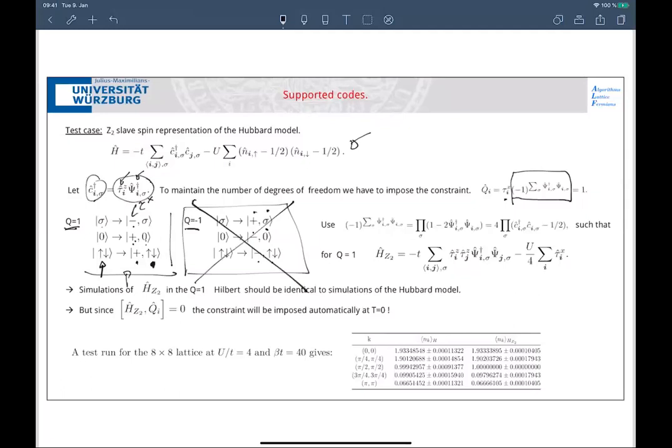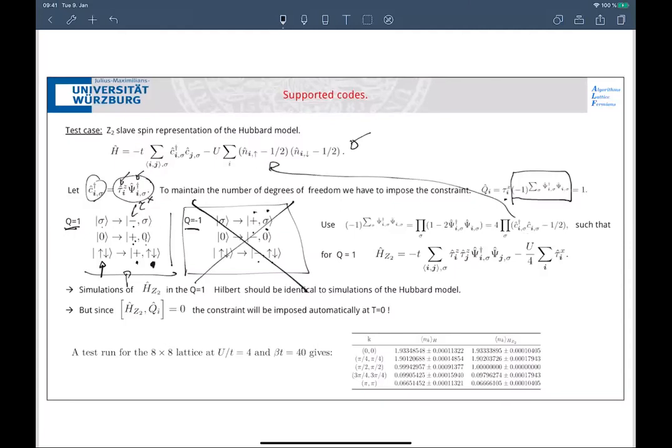Okay, so how do I go on? Well, I can say that I can use (-1) to the n of I, which is equal to 4 times n of I minus 1/2. You see that? So this fermion parity is nothing but 4 times the Hubbard interaction. If I take U equals 1, it's 4 times the Hubbard interaction.